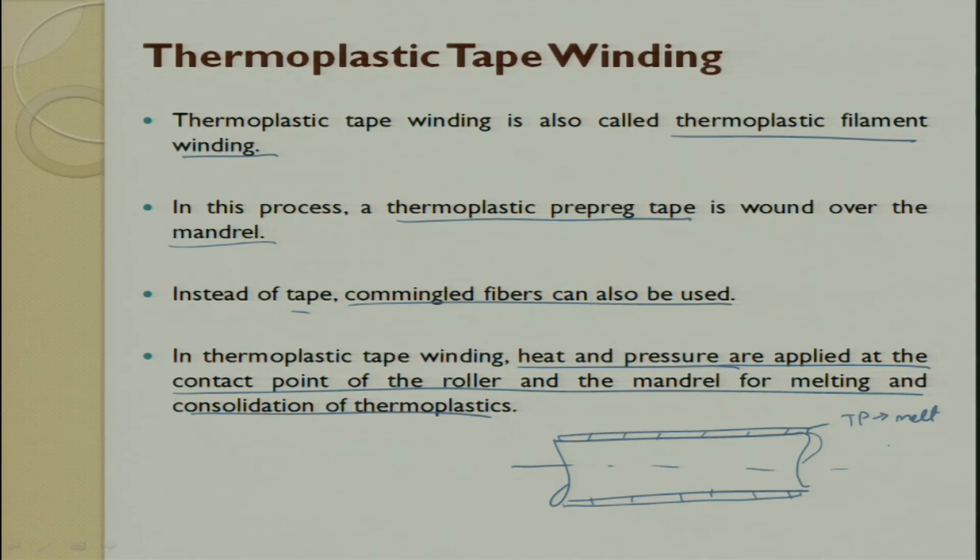Here it does not go to a liquid state, it goes to a viscoelastic state, so that it gets the required viscous nature, and then it joins very well with the fibers.